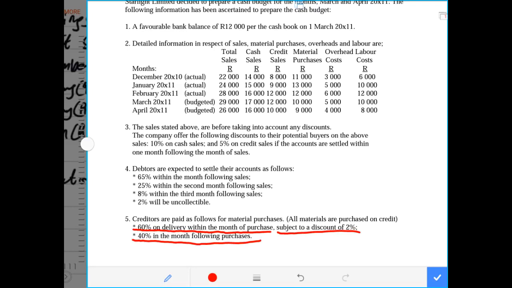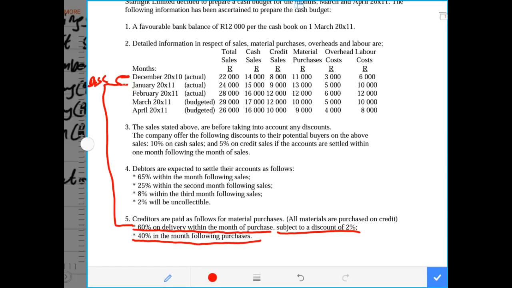So if we bought material on credit in December, 60% will be paid in January, and there will be a discount of 2%. But we are not doing a budget for January.